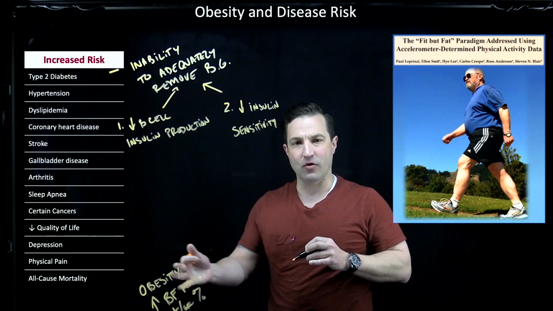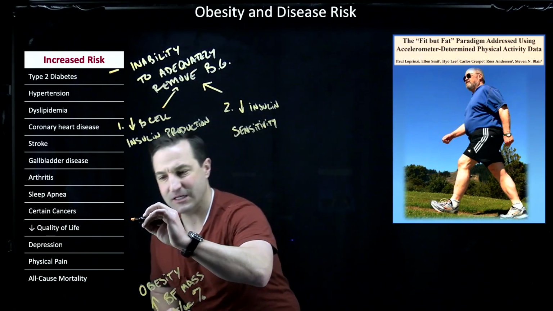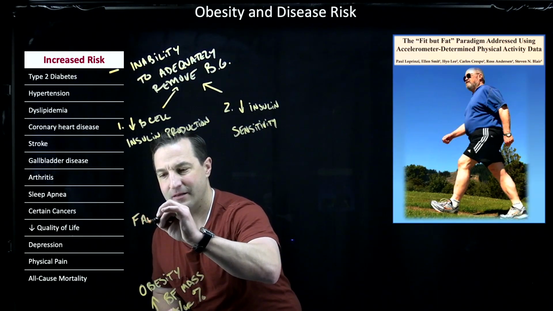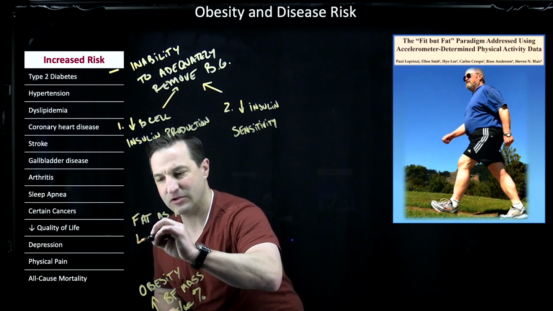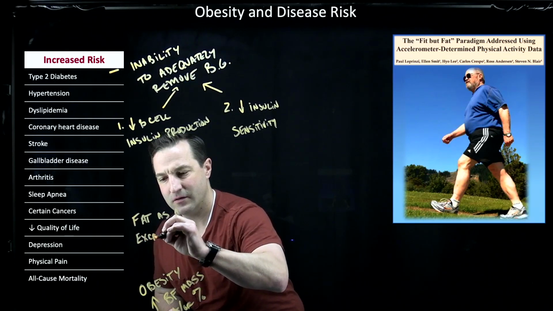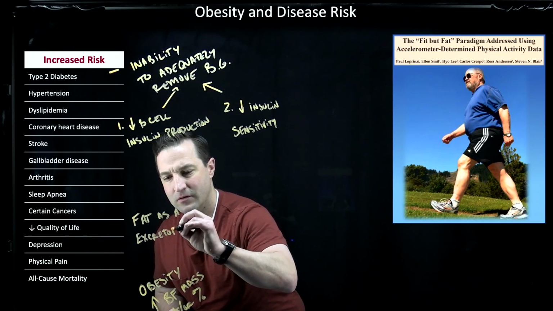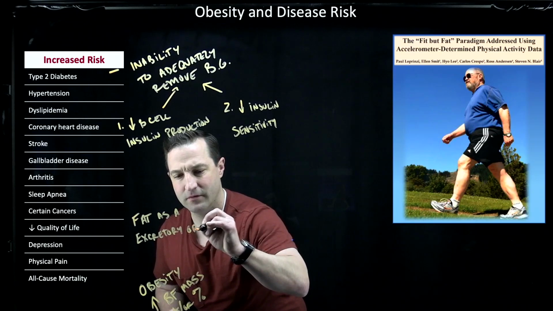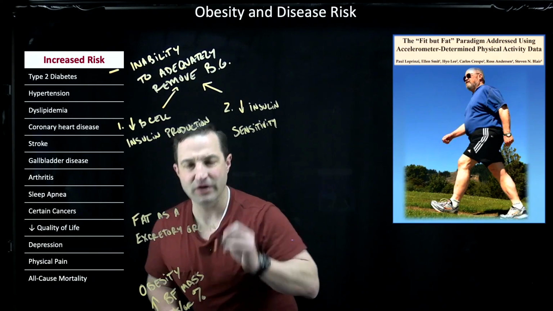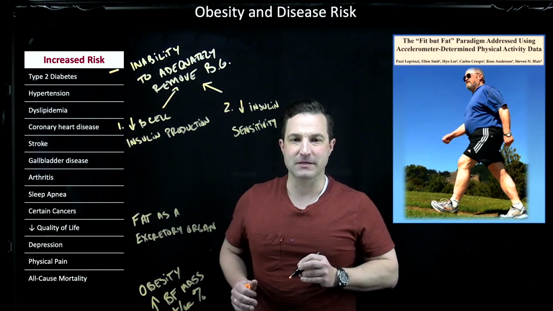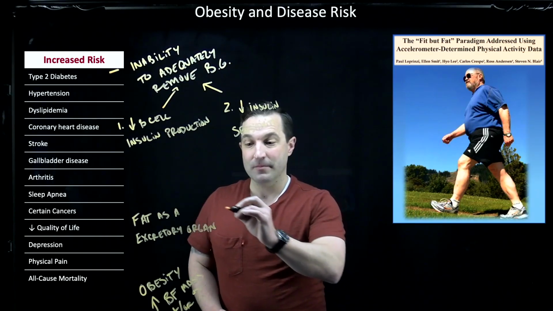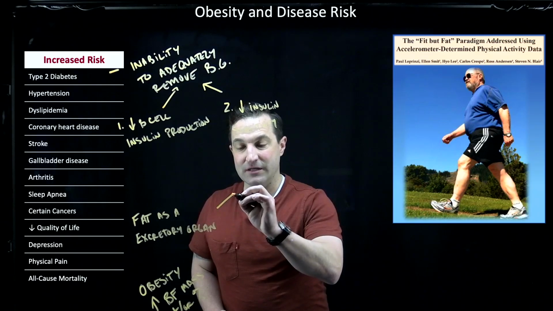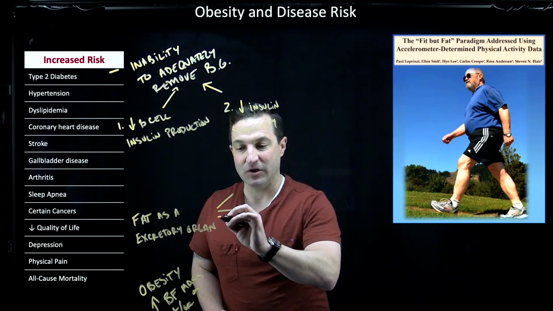If we think about obesity and body fat, we need to consider fat as an endocrine organ. Generally, we don't think of fat as being something similar to the pancreas, but we know that fat is going to secrete different signaling molecules.